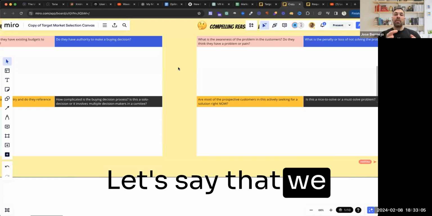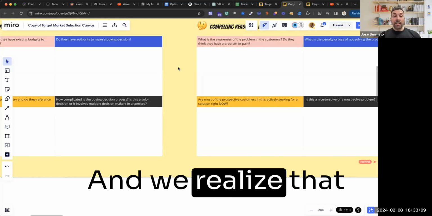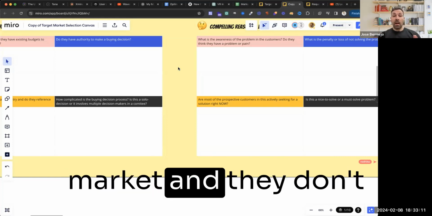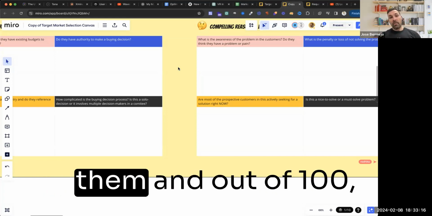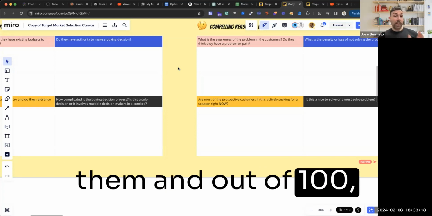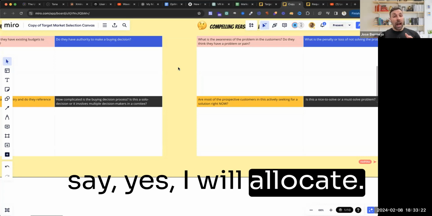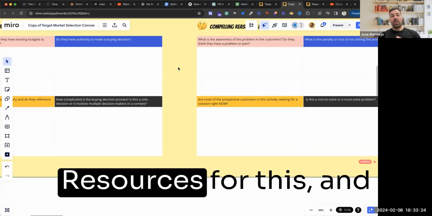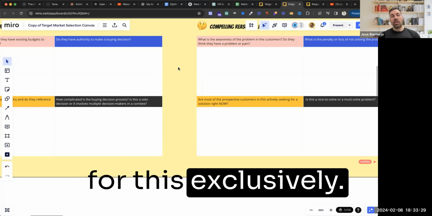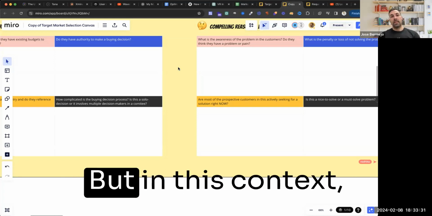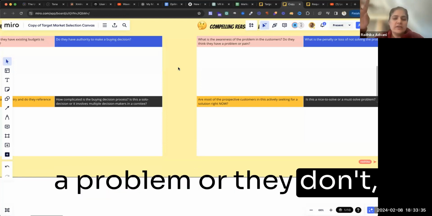Let's say that we have scored 5 segments, and the top segment is this. And we realize that we are creating a market and they don't have budget for this. We have to go introduce this technology to them. And out of 100, we can expect that around 10 to 15 will say yes, and will allocate resources for this. And they will allocate budget for this exclusively. But in this context, the market already understands they have a problem, or they don't. So you could have a market.